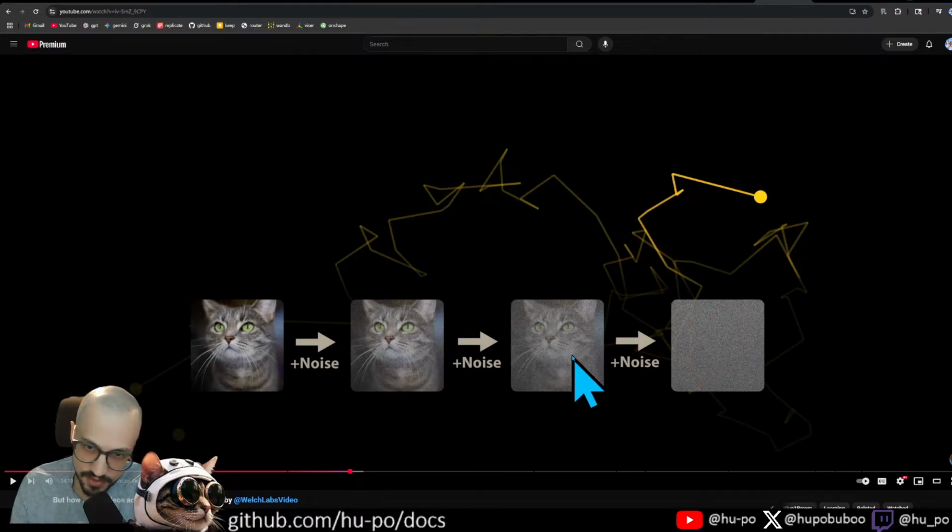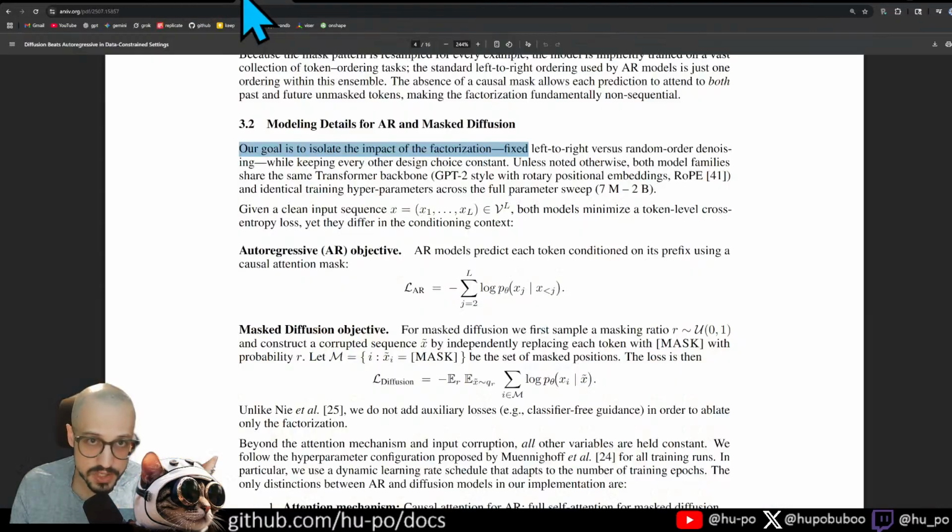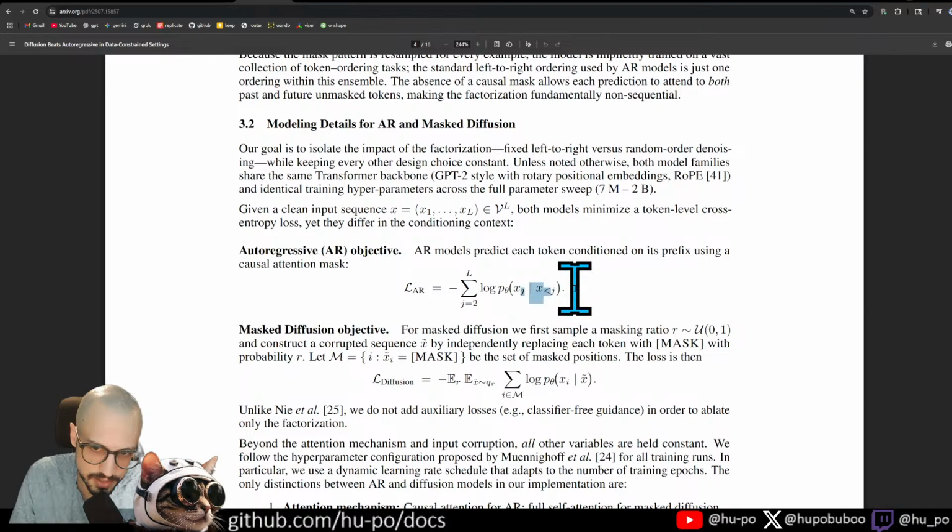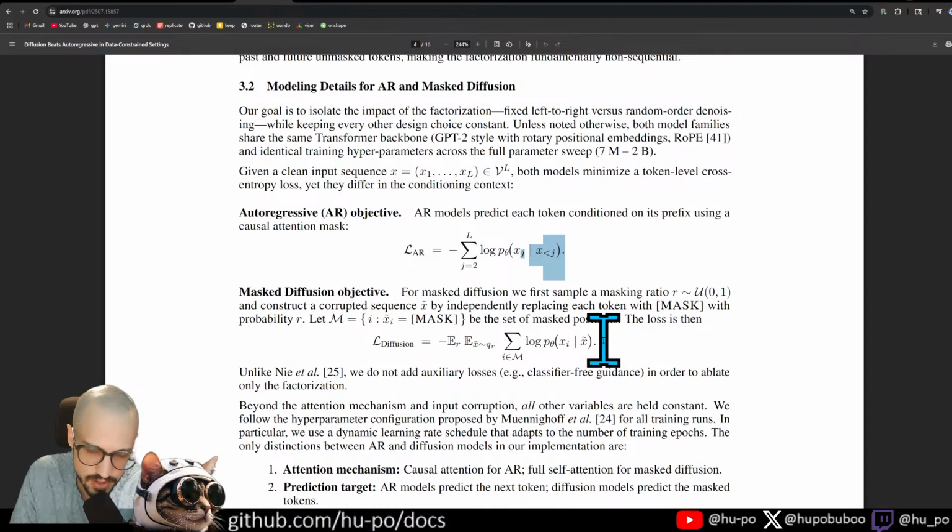So you're forcing yourself into a specific area, and then you're forced to extrapolate the tokens based on the previous tokens. Versus in diffusion, you have more freedom to diffuse everything together, if that makes any sense.